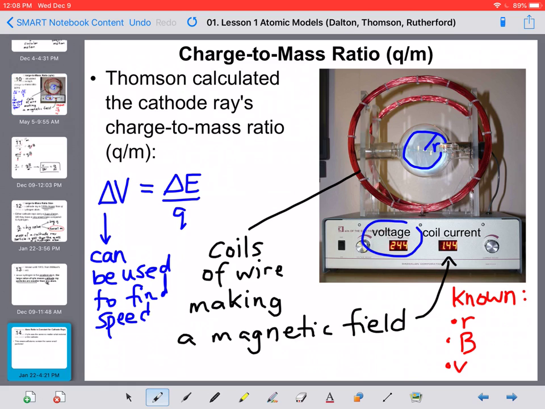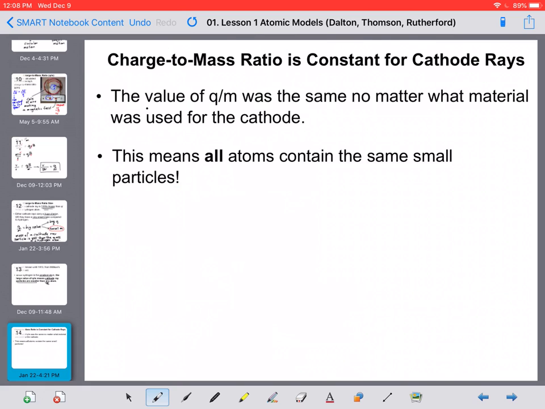And what Thomson found is that it didn't matter what material was being used for the cathode. Every time he repeated the experiment, the value of Q over M was always the same. Okay? And so what he was able to conclude from that is that all atoms contain the same small particles.